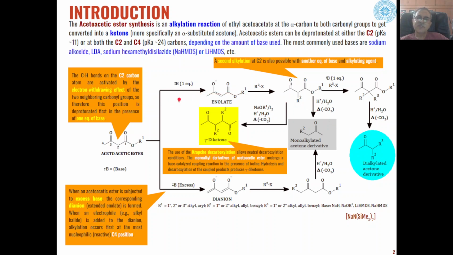So this is the process when we are using one equivalent of the base followed by another equivalent of the base.